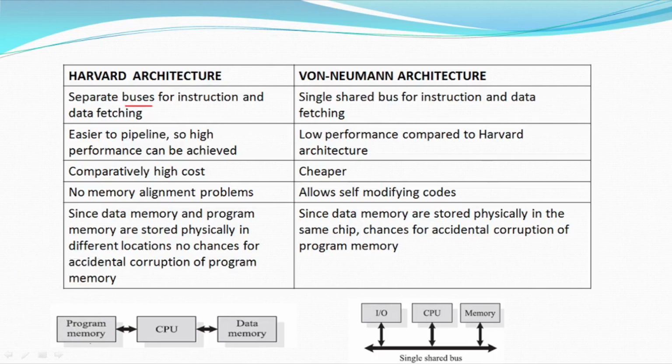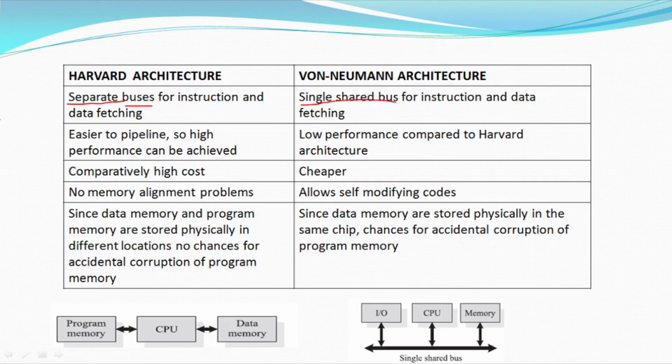Buses are nothing but connections of wires connecting the CPU to these memories. They will be separate. Whether we are fetching an instruction, you use this particular bus, and if you're fetching data, you will be using this particular bus. But in this case, because data and instructions are both stored in the same memory, there will be a single shared bus.